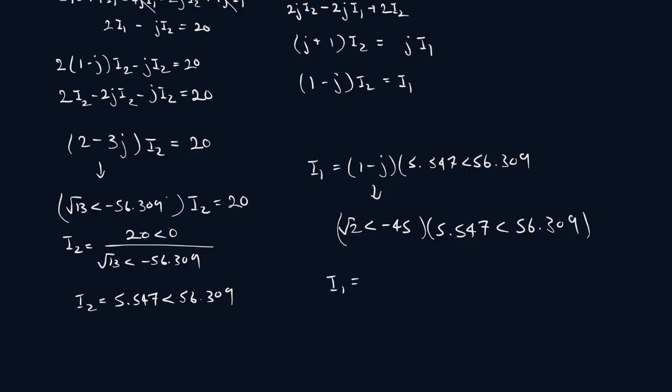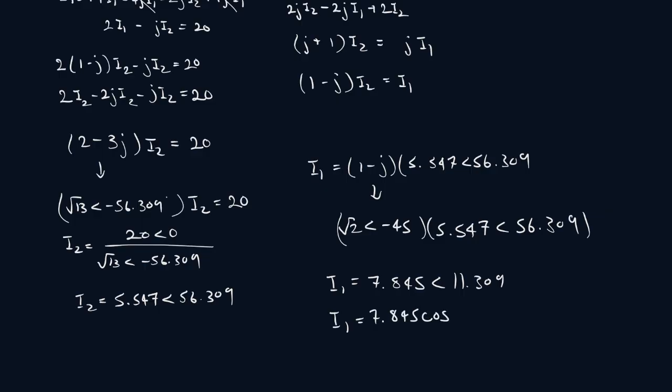So I1 is equal to 7.845 phasor 11.309, and put them in time domain.